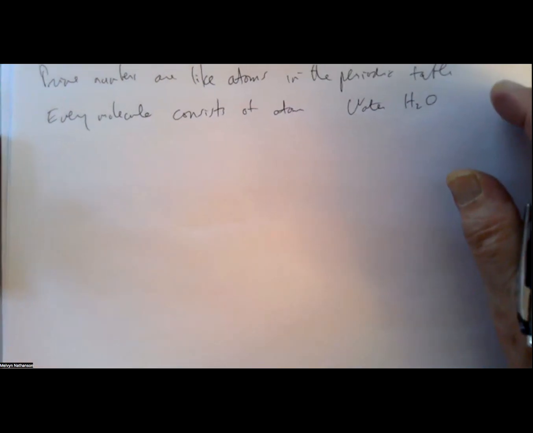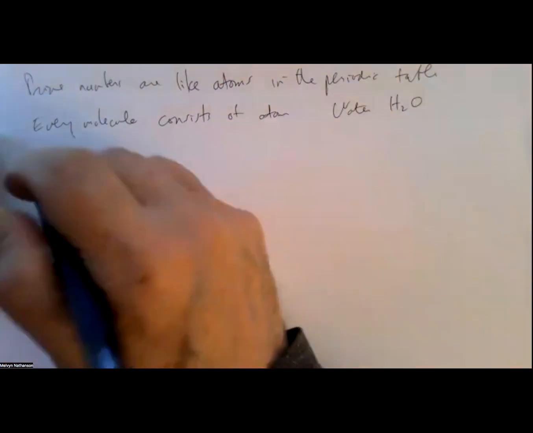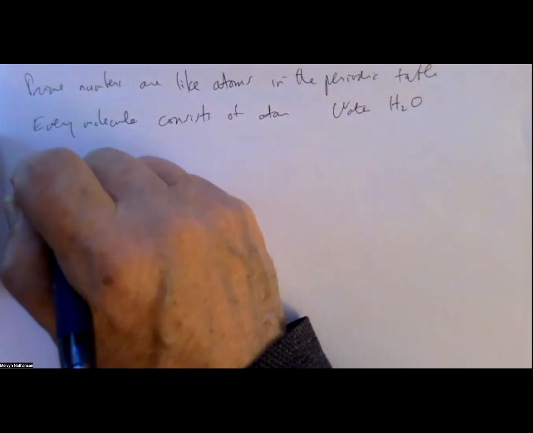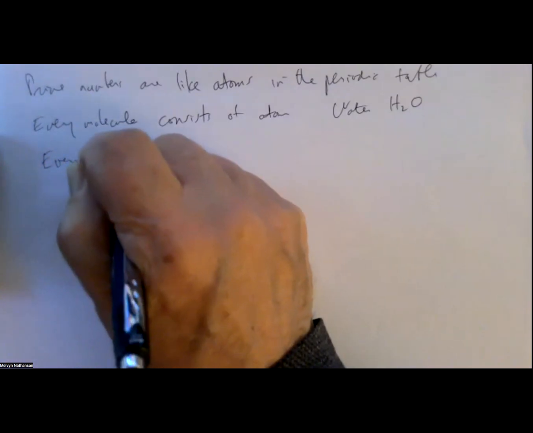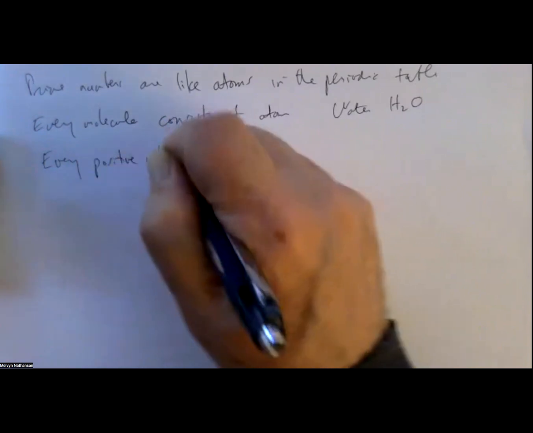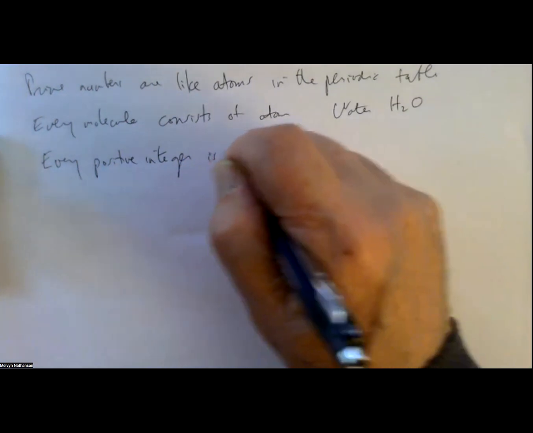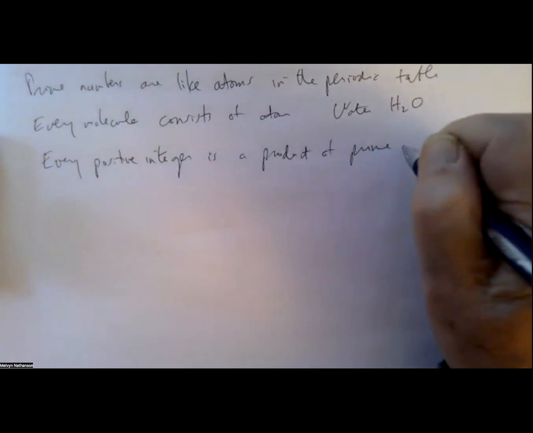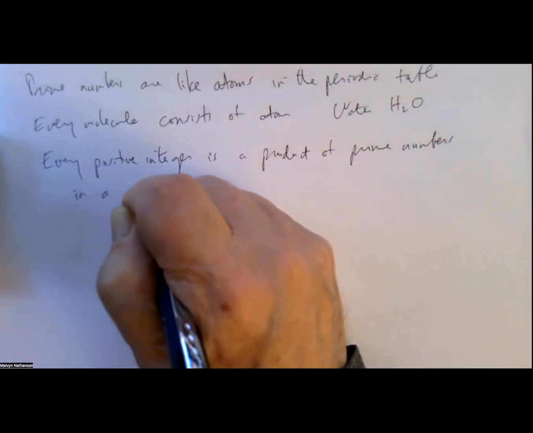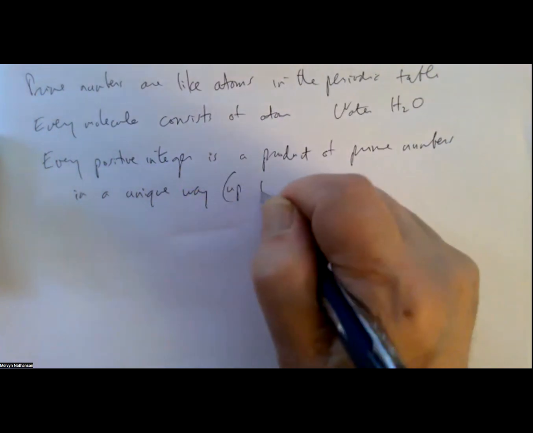One molecule of water has 2 hydrogen atoms and 1 oxygen atom. So in arithmetic, in mathematics, every positive integer, so think of a positive integer as sort of like a molecule, is a product of prime numbers in a unique way up to order.